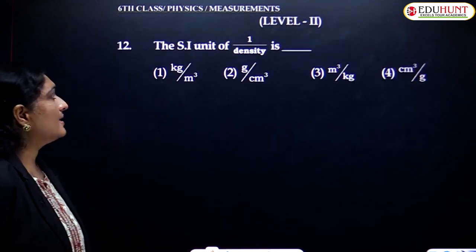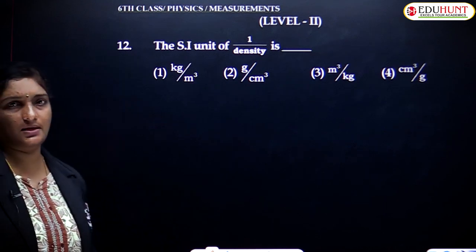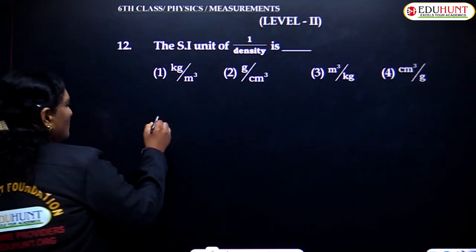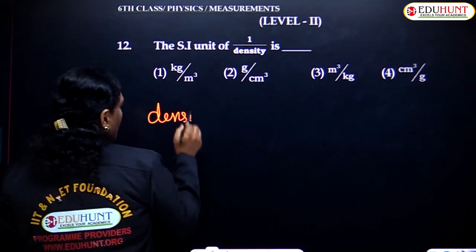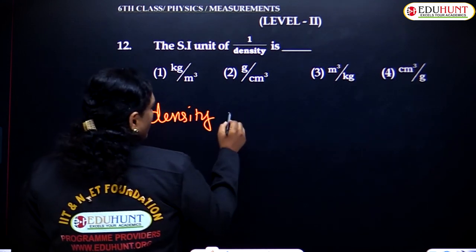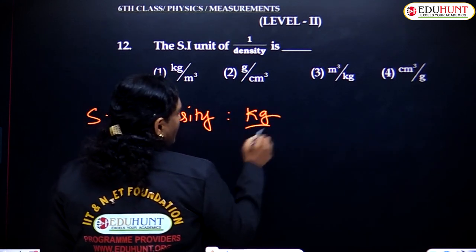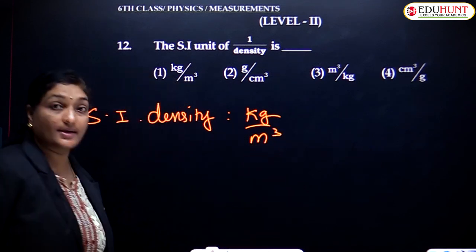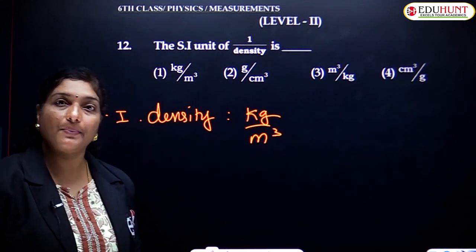Moving ahead, what is the SI unit of 1 by density, children? I told you the SI unit for density: kg per meter cube, isn't it? So the SI unit of density is kg per meter cube.